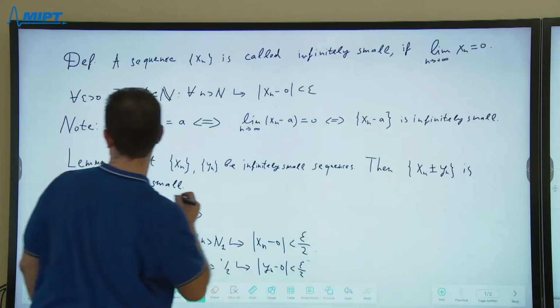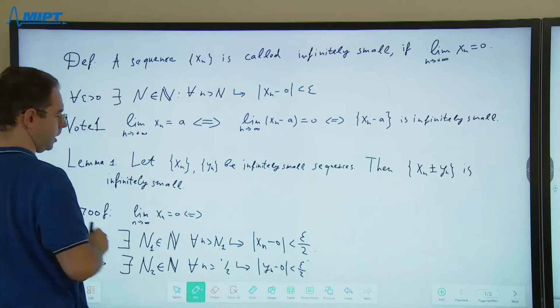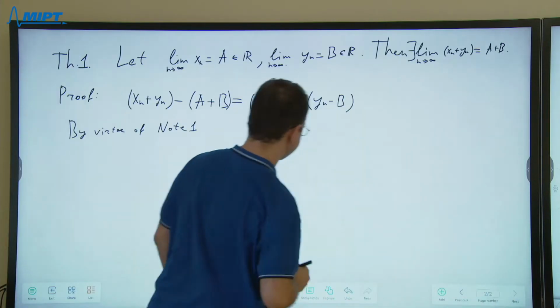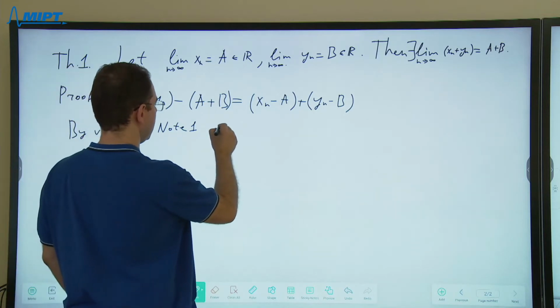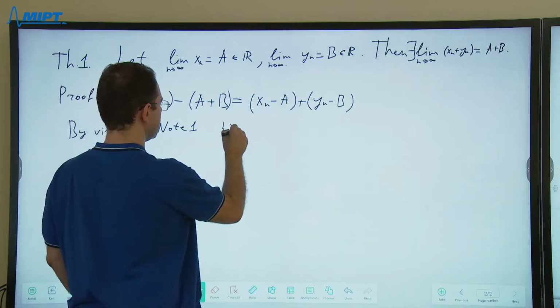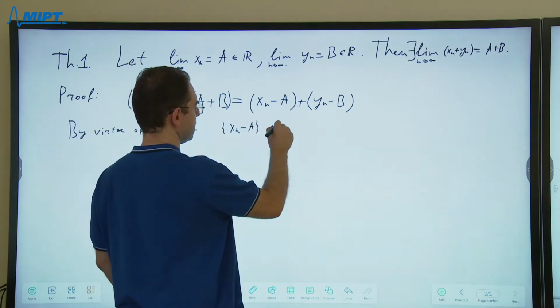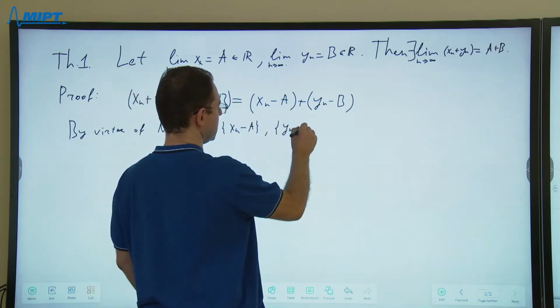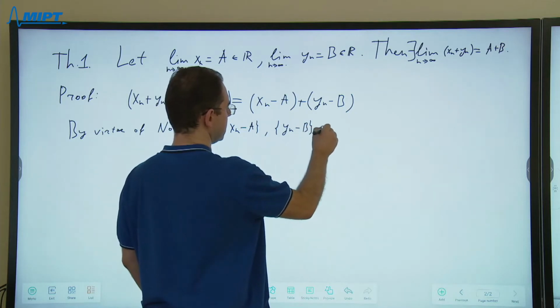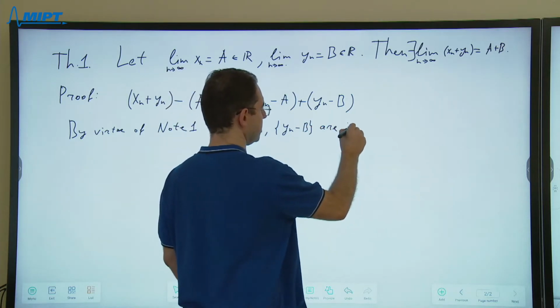Let's call it note 1. The sequences xn minus a and yn minus b are infinitely small.